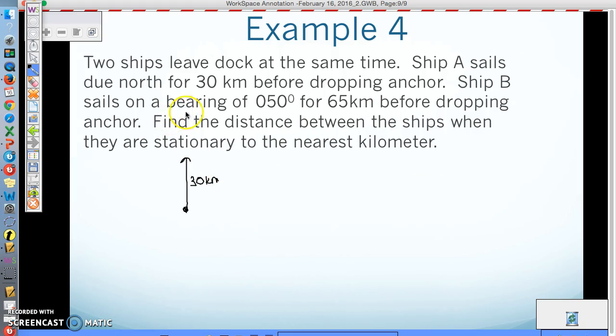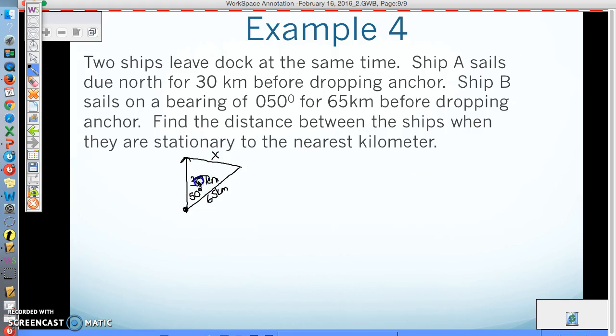Ship B sails on a bearing of 50 degrees, so that means it's 50 degrees from due north. So this one's due north, so 50 degrees for 65 kilometers before dropping anchor. Find the distance between the two ships.